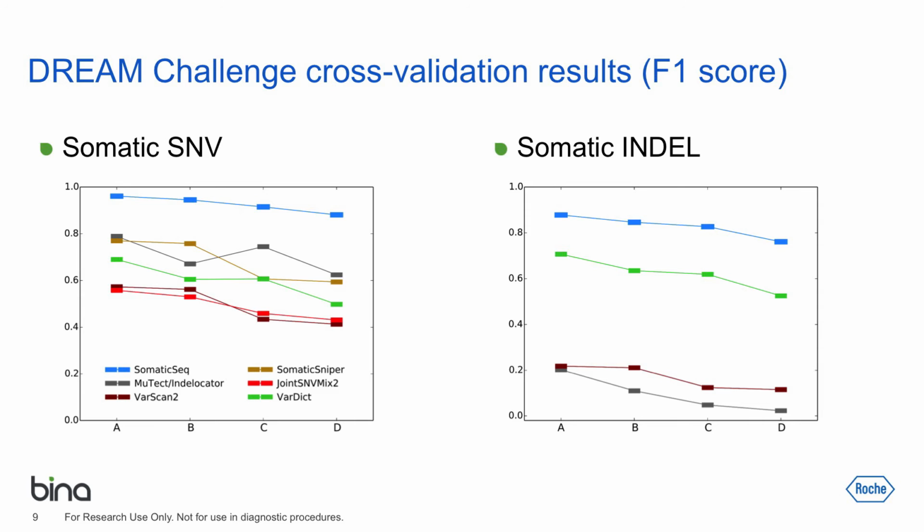Setting C is where we spiked in more normal into the tumor to make the tumor more contaminated. Setting D is where we cross-contaminate. So from setting A to D, the data gets more challenging. SomaticSeq has outperformed each of the individual tools that it has incorporated for both SNV and indels.